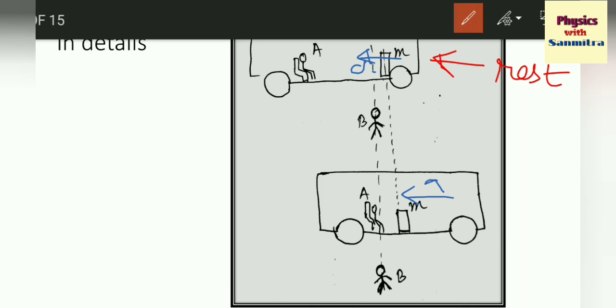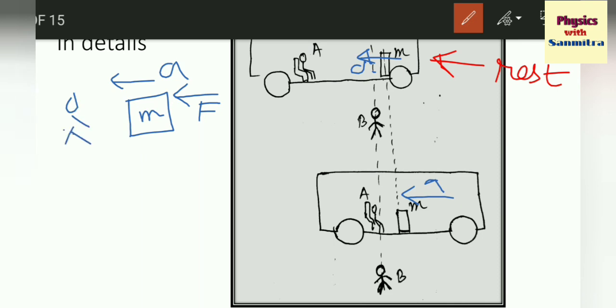So observer A feels that this block of mass m is applied with a force, that is F, in the backward direction of the direction of acceleration. That is why it is moving with an acceleration A. This is what A is watching from inside the bus. A doesn't know whether the bus is moving or not. A is just watching that this block of mass m is moving towards A.